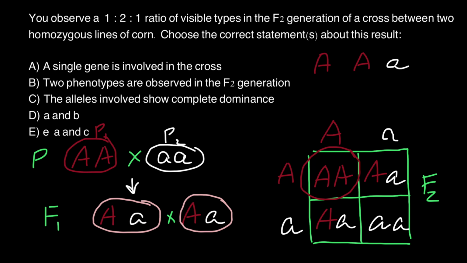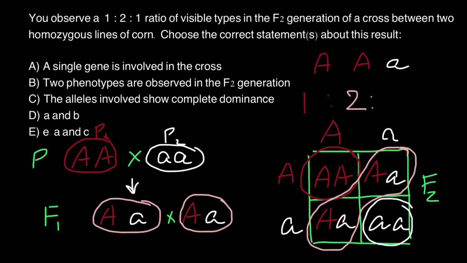This genotype would produce plants with red flowers, this genotype would produce plants with pink flowers, and this genotype would produce a white phenotype, so plants with white flowers. And the ratio is going to be 1 to 2 to 1: 1 red to 2 pink to 1 white.